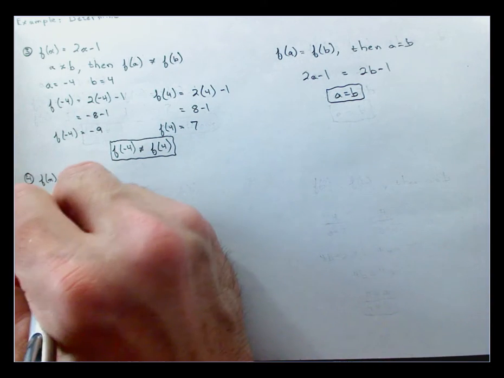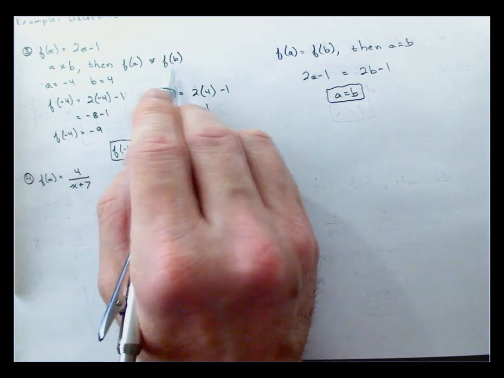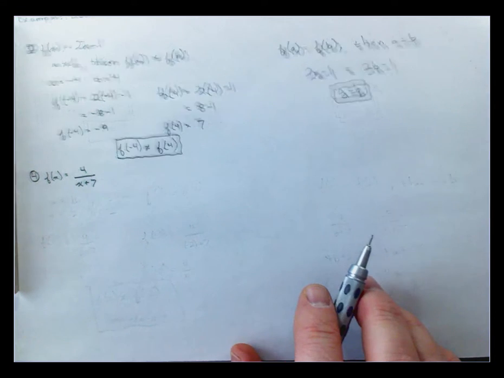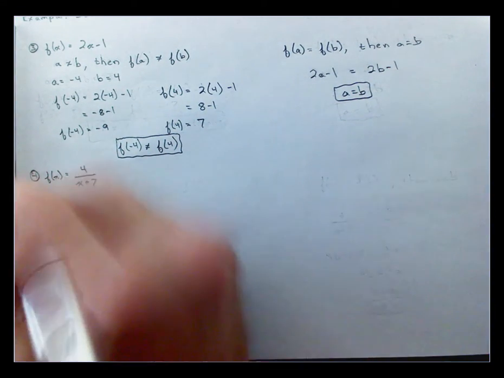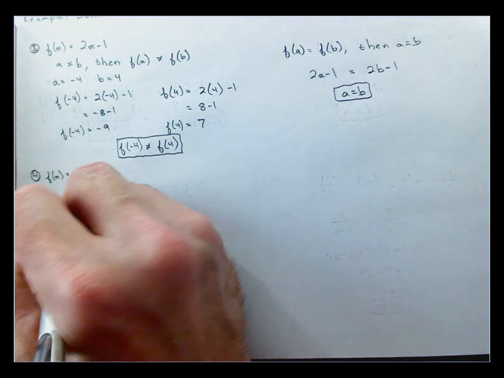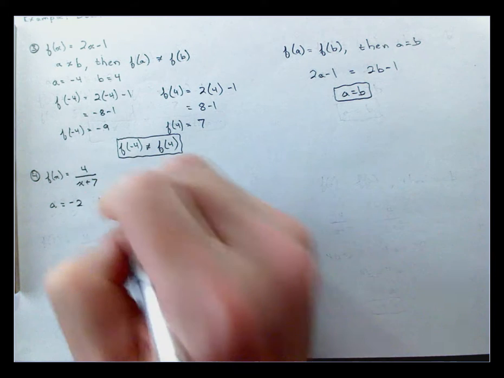Here, same thing. If A does not equal B, then f of A does not equal f of B. So let's say A equals a negative 2 and B equals 2.